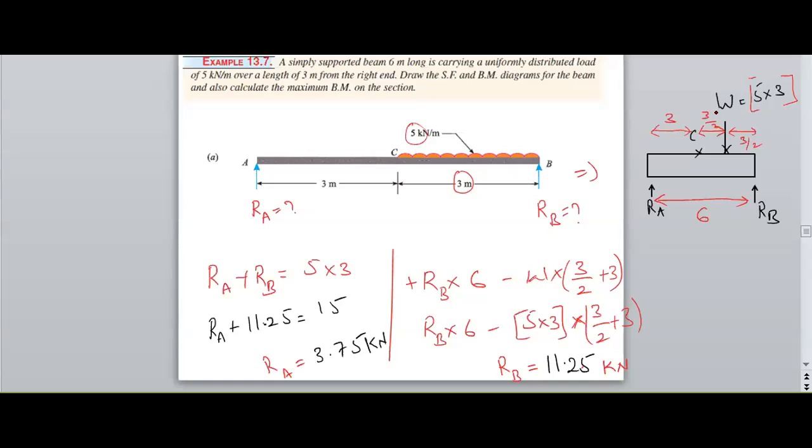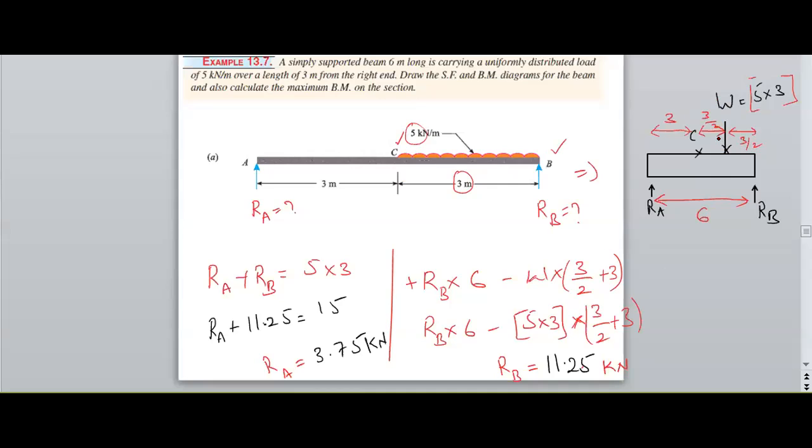That gives the area of the rectangle. It acts at a distance of 3 by 2 from C, and from B it is also 3 by 2. At the center the point load will act.